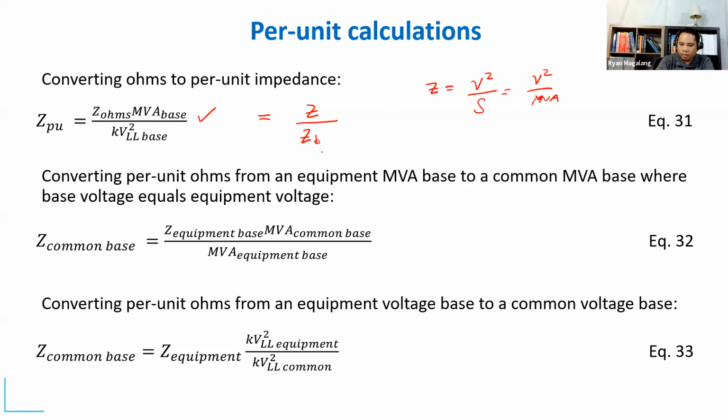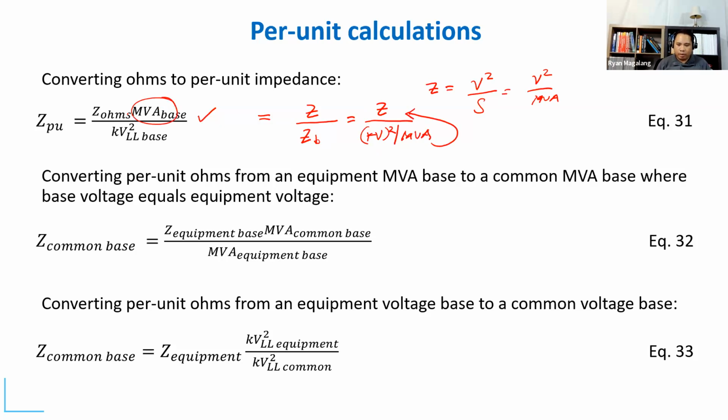So that's why, when you express it like this, it's kV squared over MVA, and then your MVA goes up, and you're left with your kV down. So that's why your MVA is here at the top.